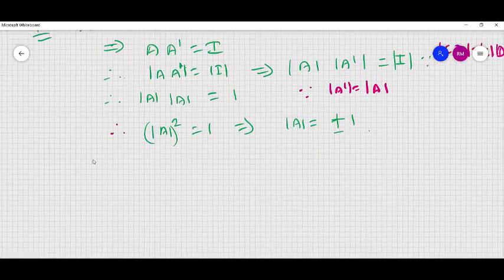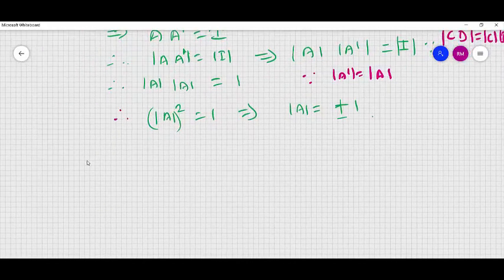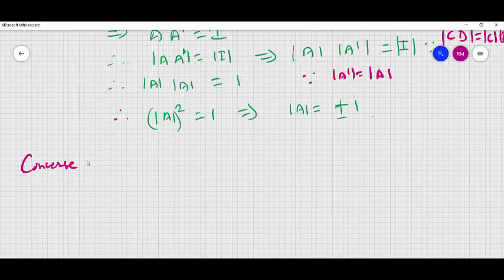Note that converse is not true. Converse is not true means if a matrix has determinant say 1 or minus 1, that does not mean it is an orthogonal matrix.